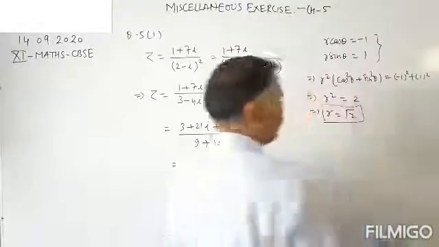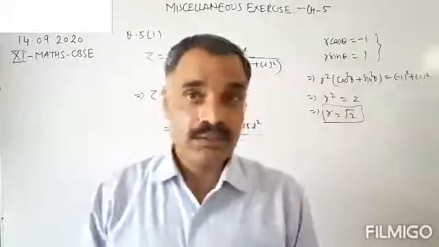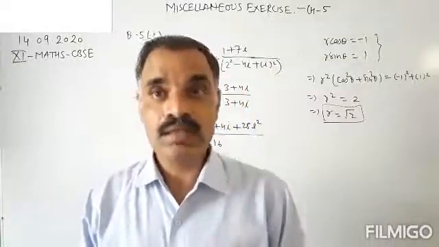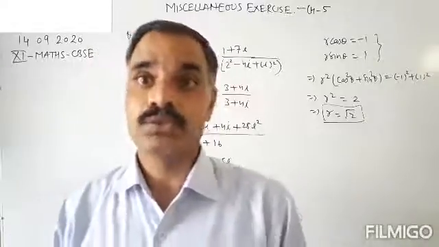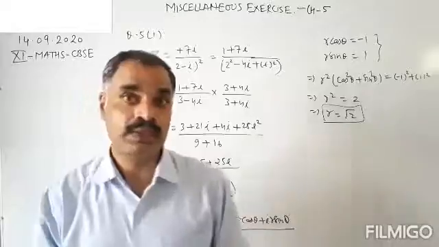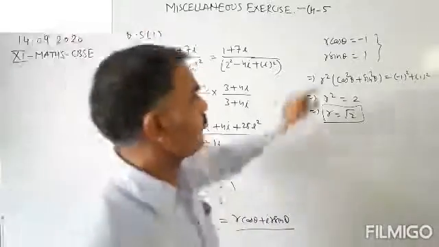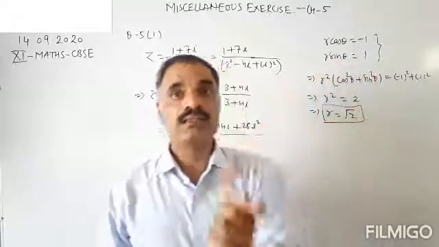So magnitude is root 2. Okay, to convert the given complex number into polar form we have to obtain the magnitude and amplitude. So this is the magnitude. Now we have to obtain the amplitude of the given complex number. Cos theta is negative and sin theta is positive, so the amplitude will lie in the second quadrant.